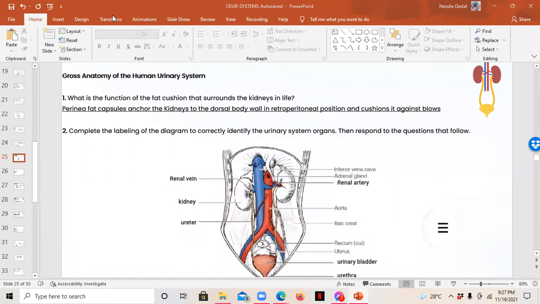Perirenal fat capsules secure the kidneys to the dorsal body wall, while maintaining their retroperitoneal positions.